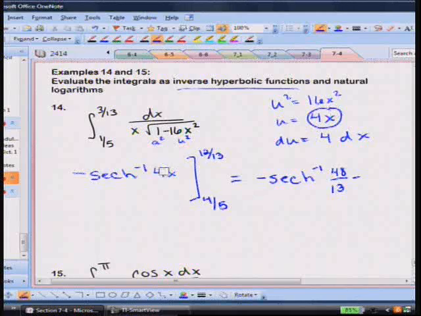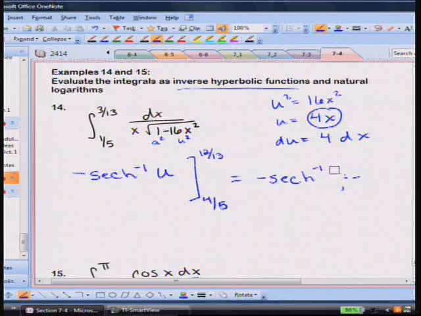So I should have put a u. This is just u. See, because when I change my limits right there, then this is going to be 12/13 to the inverse, and then this will be plus the inverse hyperbolic secant of 4/5.